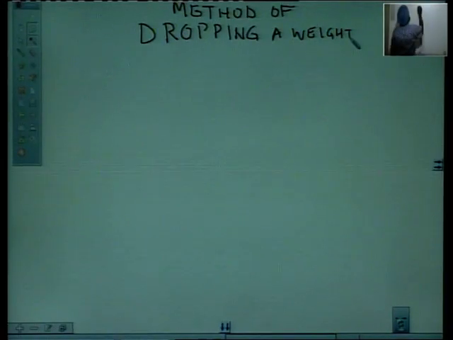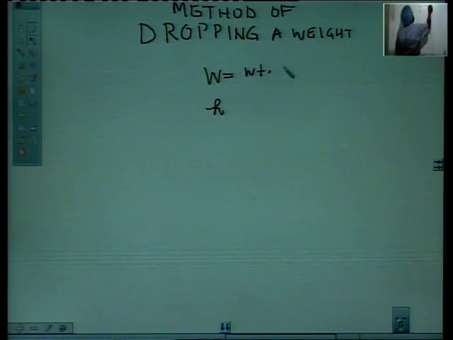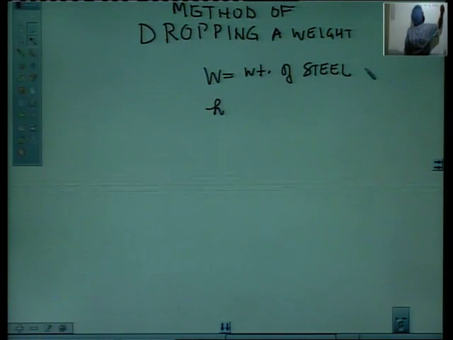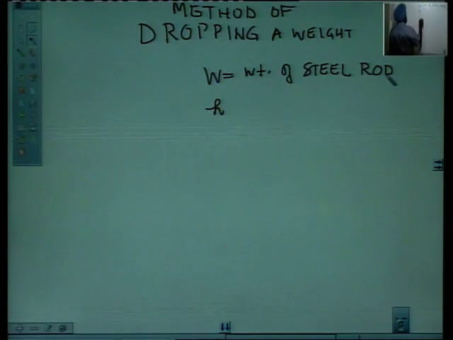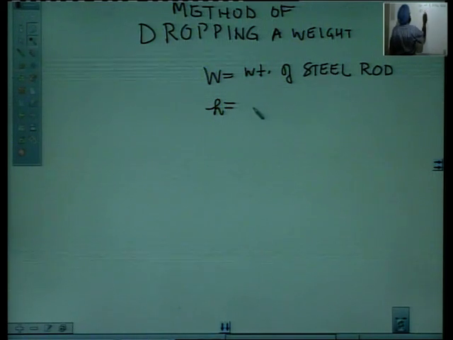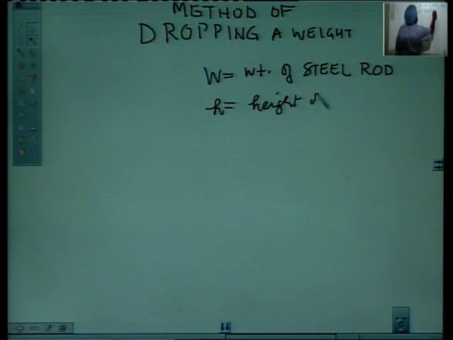Its weight is, let us say, W, the weight of the steel rod, and H is the height of fall.